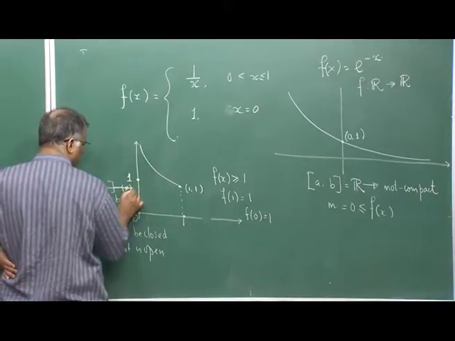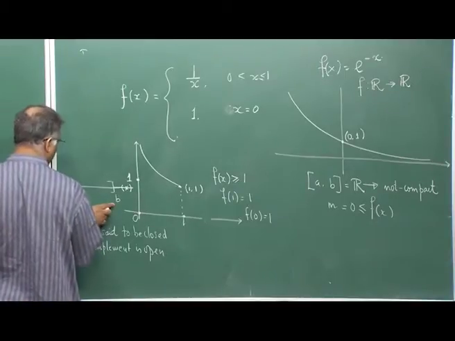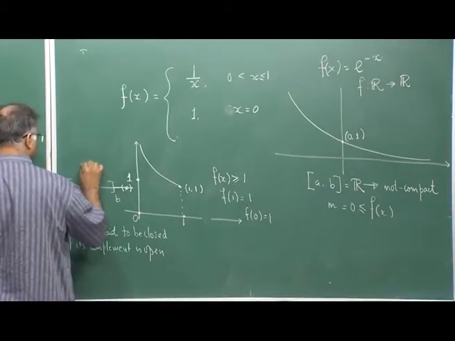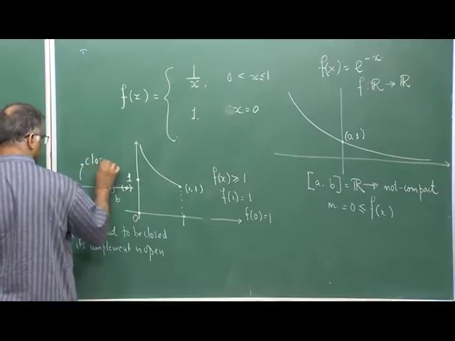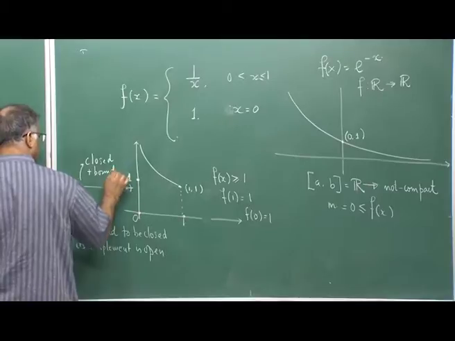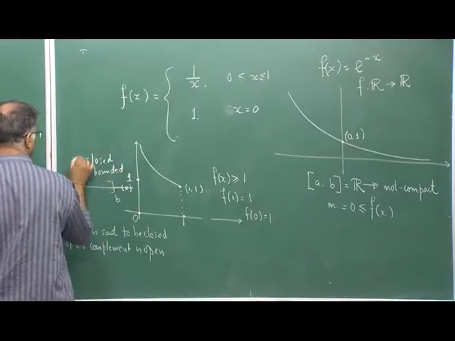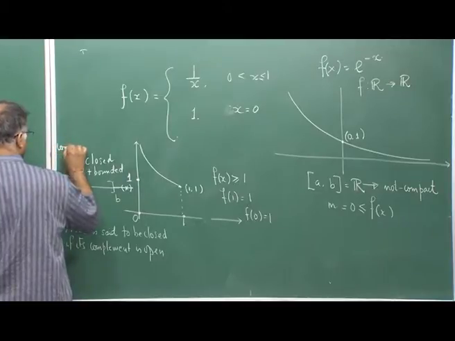You see, you can have a small neighborhood around that point which lies in the complement. So, the complement of this set is open. So, this set is closed, and plus it is also bounded, and hence it is a closed bounded set. So, a closed interval is a compact set.